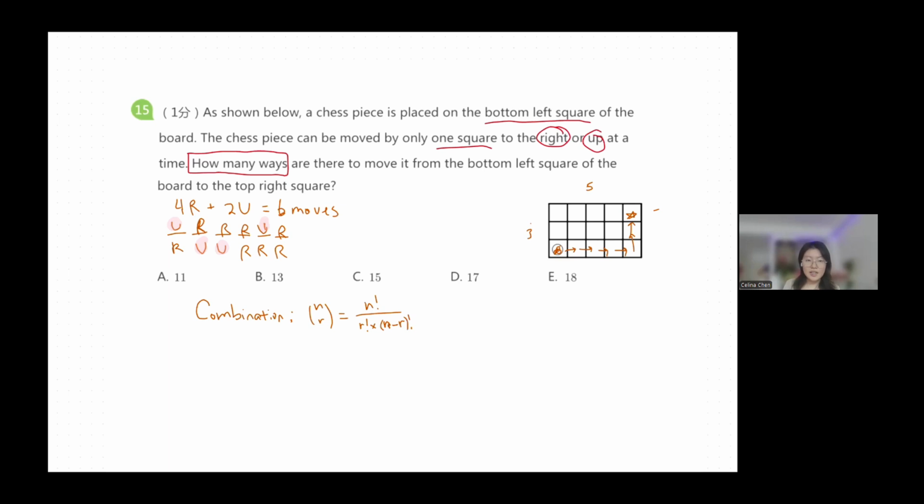Now, N in this formula means the total number of choices, which we have is 6. And the R means here the number of positions, the number of position choices.